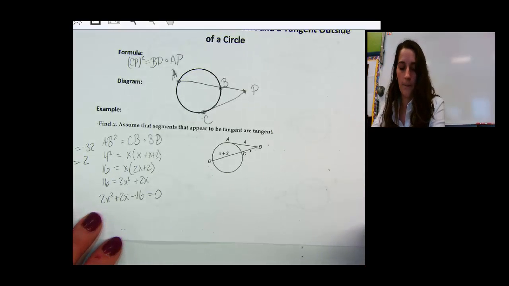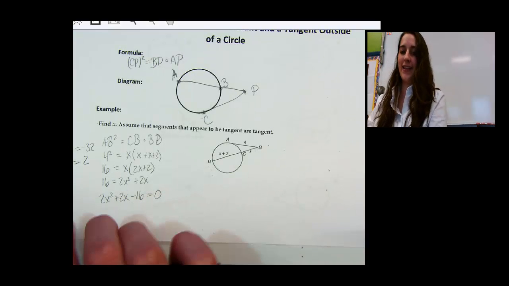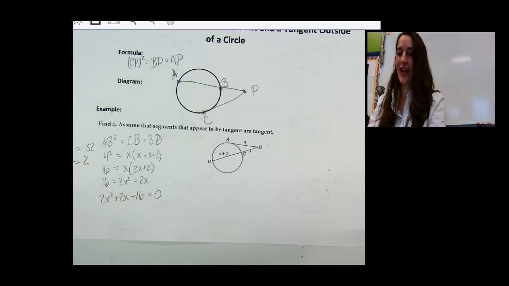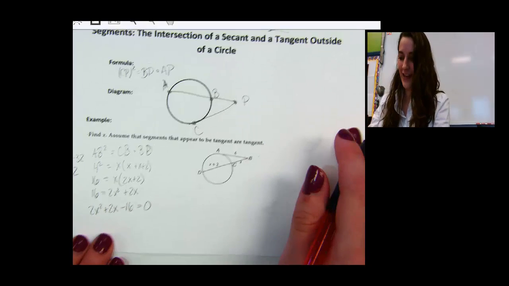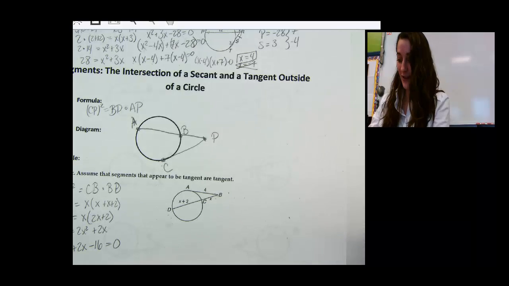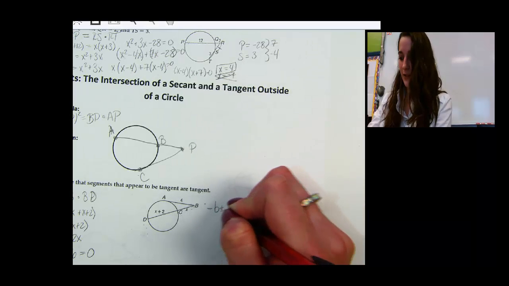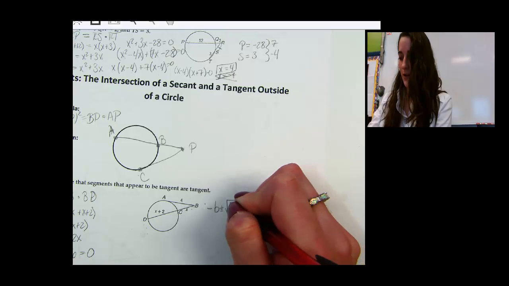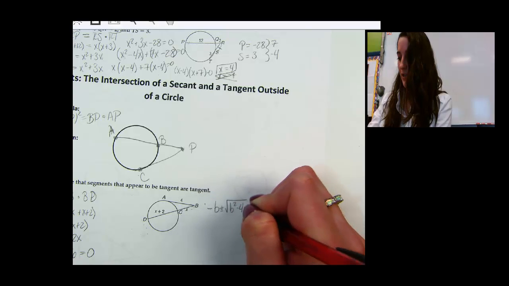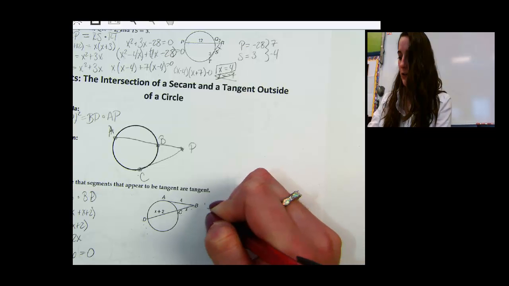I can't think of any. So when that happens, we're going to have to get out our trusty old quadratic formula. Our quadratic formula is negative b plus or minus the square root of b squared minus 4ac, all over 2a.